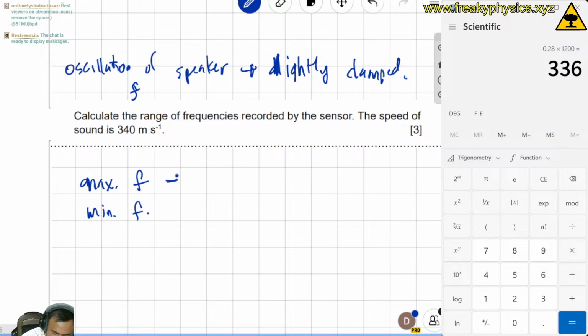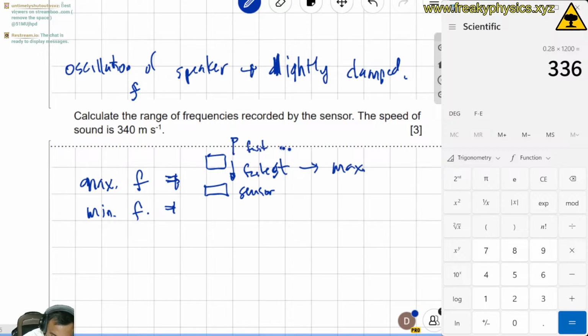The maximum frequency will occur when, in this case, if this were the sensor, and this is the weight, when the weight is moving down at its fastest, that's going to be the maximum frequency. Now if it's moving upwards at its fastest, it's going to be where we have the minimum frequency. Okay, all right, there we go.